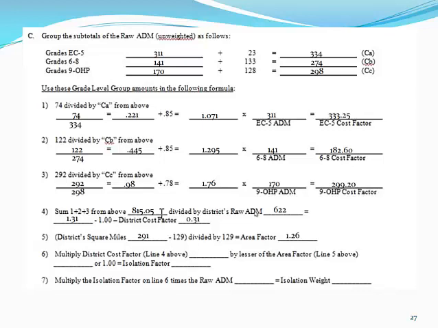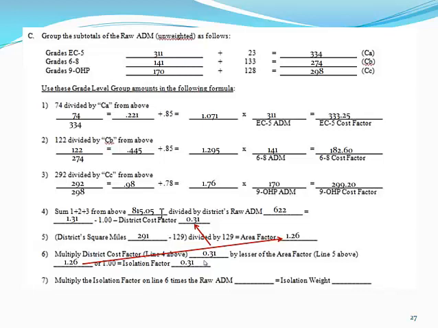Now in line 6, we multiply our district cost factor by the lesser of our area factor, or 1. So our area factor is 1.26, which is higher than 1, so we're going to use 1. So we bring down our district cost factor, we bring down our area factor, and since 1.26 is higher, we simply multiply by 1 and get 0.31.